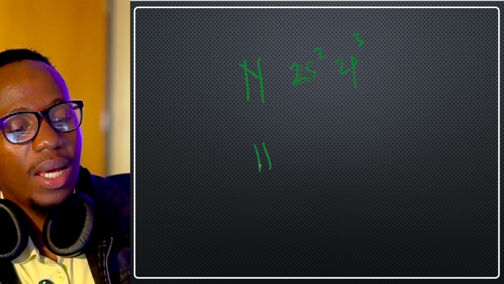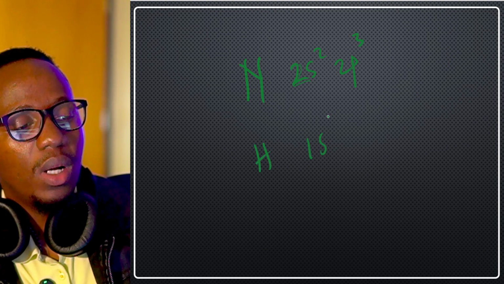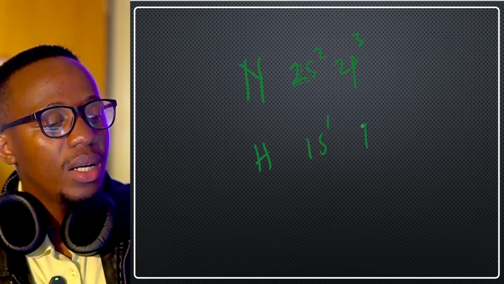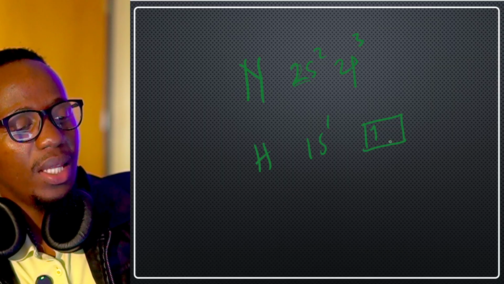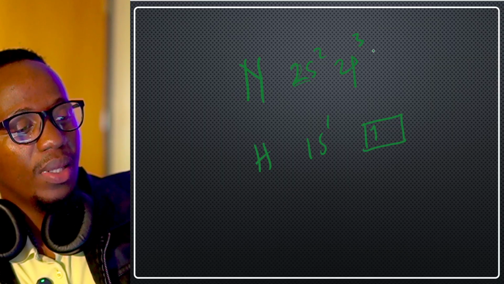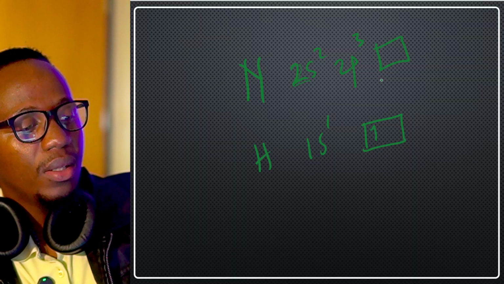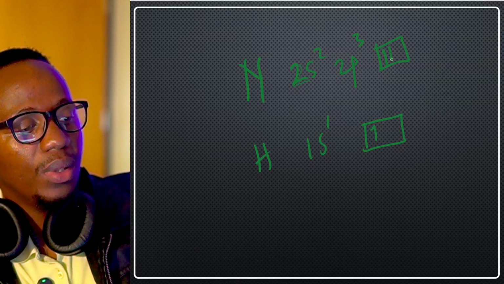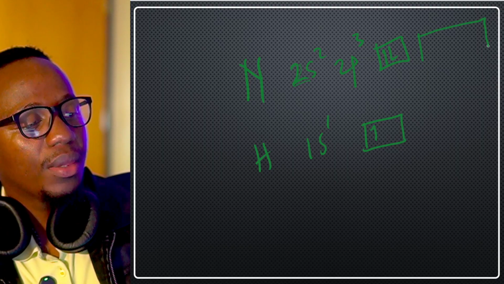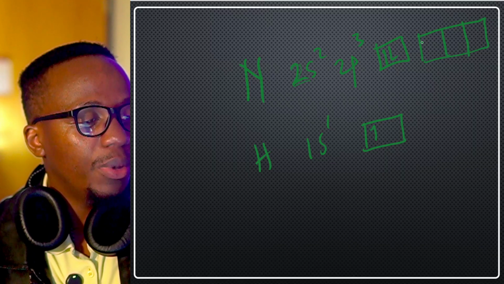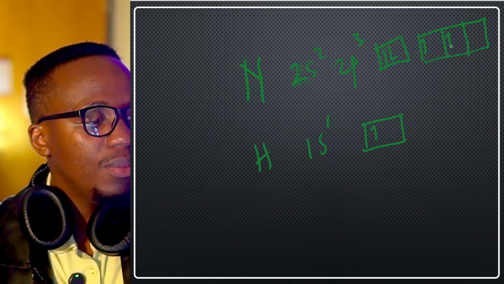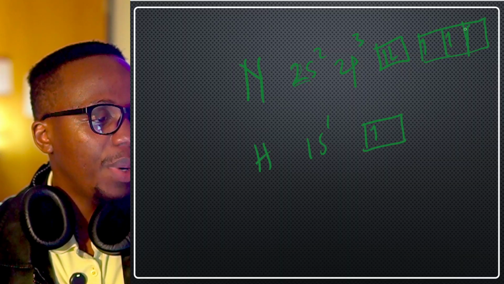And then hydrogen has 1s1, right? So if you remember, if we put them in a box to represent what's in there, one box will have 2 here. And then p has 3 spaces, where each box gets 1, 1, 1, and then you get extra, you have pairs.